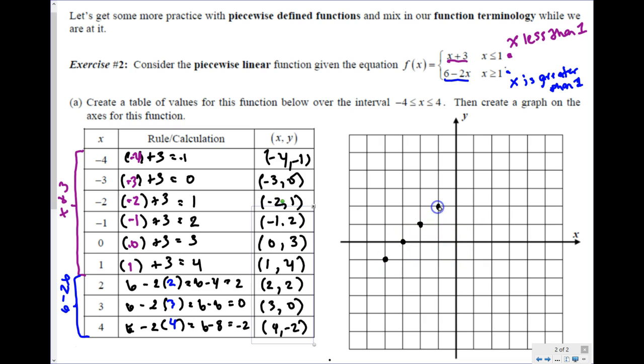Negative 1, 2, so I'm right here. 0, 3, that's that one. 1, 4, that one. 2, 2, 3, 0, and 4, negative 2. So my graph looks like this. Alright. Okay, so that's the first thing it wants me to do is graph my points, so I'm done there.